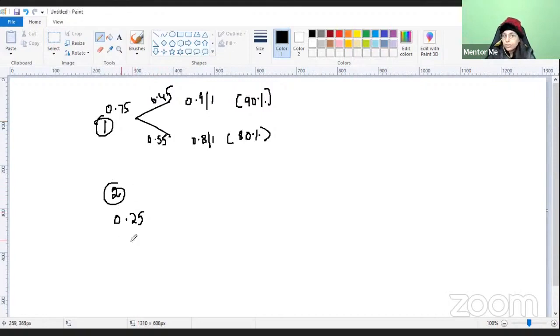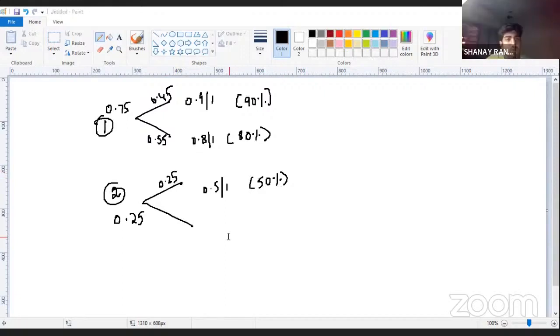And if scenario 2 happens, whose probability is 25%, again there will be two possibilities. One possibility will be that we will be able to recover 0.5 per $1. That is, we will recover 50%. What is its probability? That's the probability 0.25 that we have.